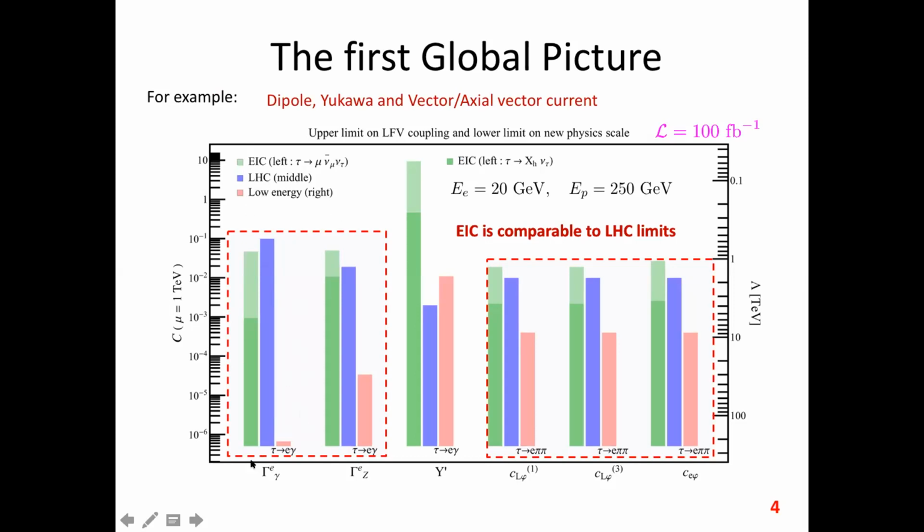I just use some typical operators to show the results. You can find that the EIC is comparable to the LHC; the light gray and blue are almost the same, not changing too much. So the EIC is very important to get constraints on this kind of new physics models. I will discuss the details later.